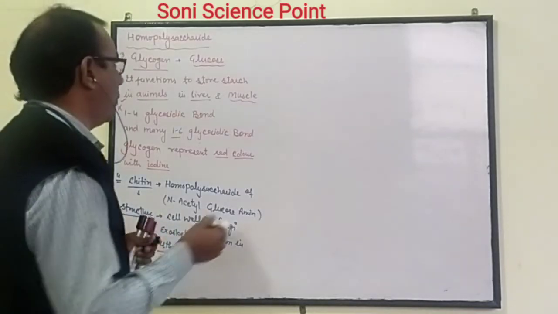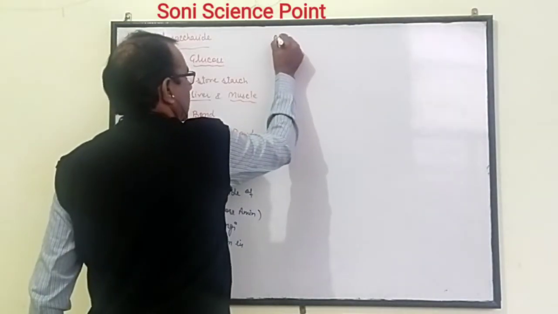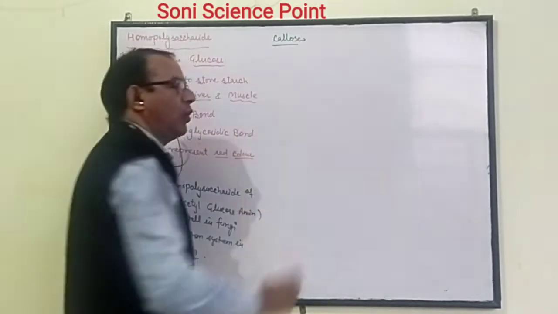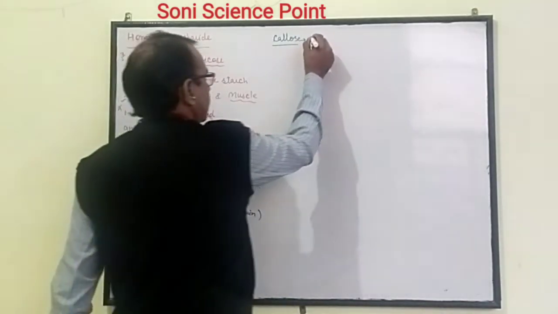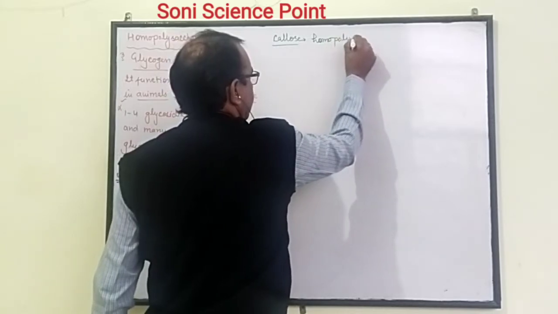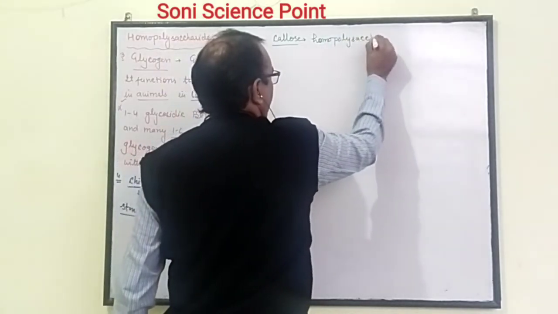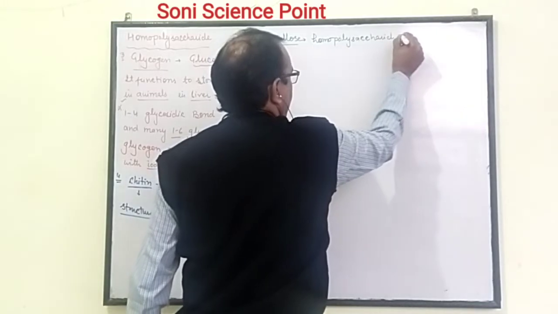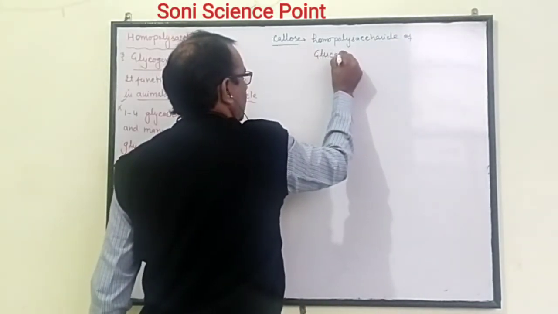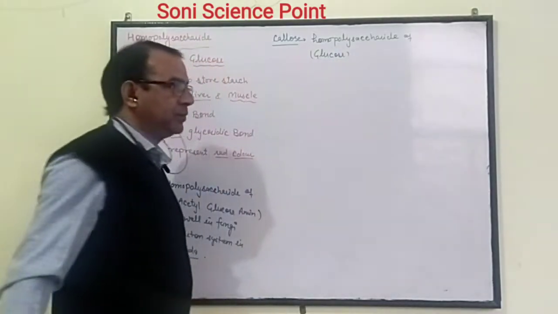One more homopolysaccharide is callose. Callose is also a homopolysaccharide of glucose. It means it contains a long chain of glucose molecules.